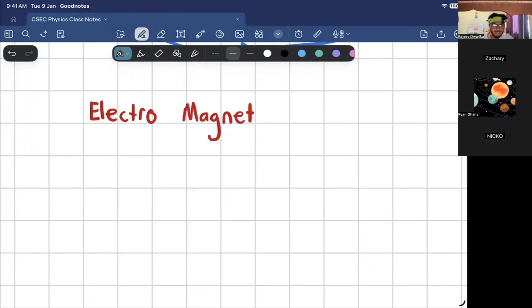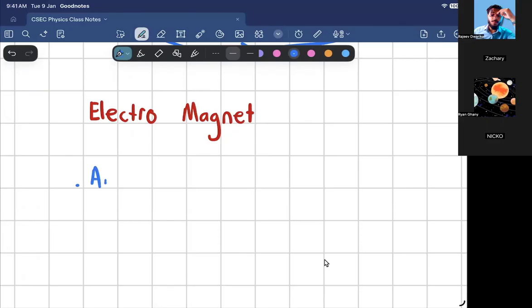Alright, so something I want you guys to understand. Anytime you run a current through a conductor, what do you think is generated around that conductor? Does anybody know? A magnetic field, sir. Exactly, a magnetic field.